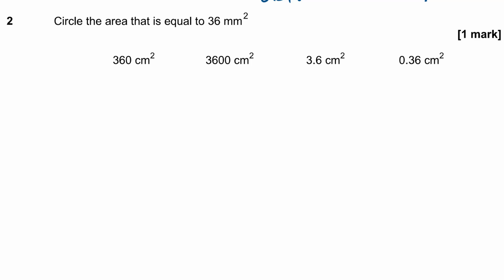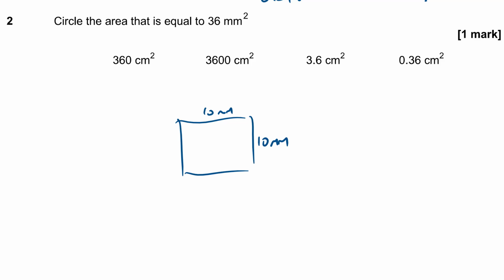Question 2. Circle the area that is equal to 36 millimeters squared. Now all the answers are in centimeters squared. If I've got millimeters squared, then I'm going to have 10 millimeters for every 1 centimeter, aren't I, in both directions.